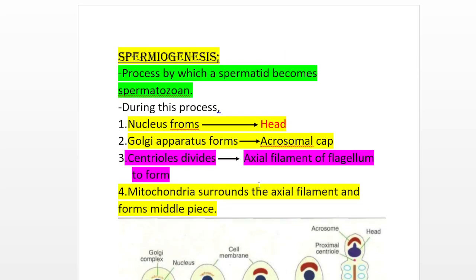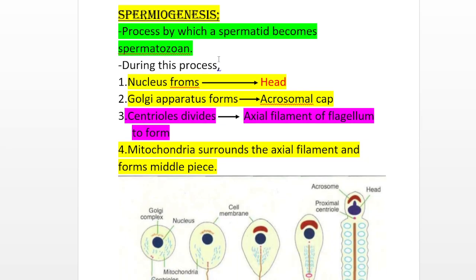Now we'll study what spermiogenesis is. Spermiogenesis is the process by which spermatid becomes spermatozoon. The spermatid undergoes a series of developmental changes to form the spermatozoa.